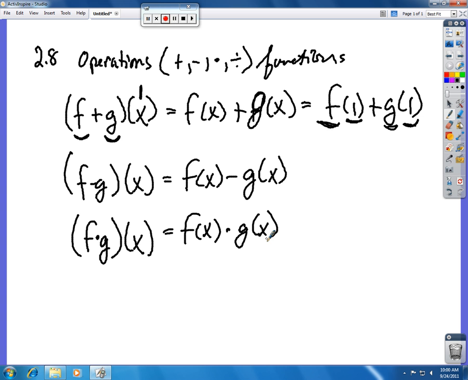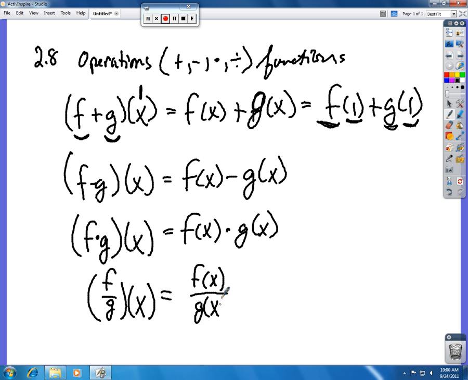So if we had f divided by g of x, you're going to take the outcome of f of x and divide it by the outcome of g of x. This is just a general description of each one of these, 1, 2, 3, and 4.